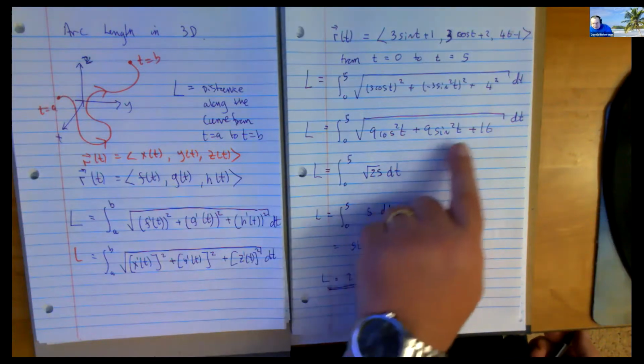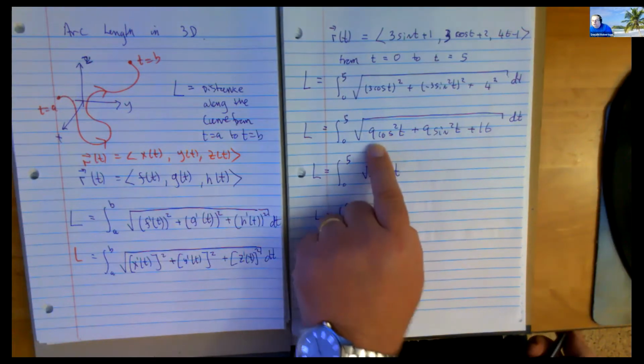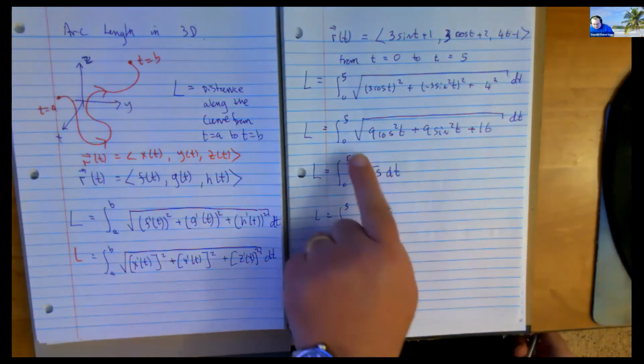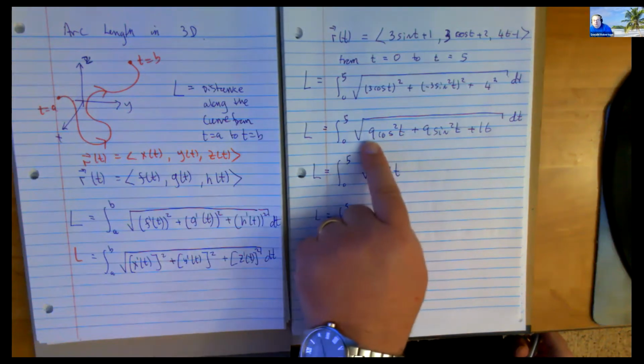Most of the time, this thing inside the square root is going to be ugly. And it's going to involve us having to do some sneaky algebra or substitution or some other process to get the exact value of this integral.